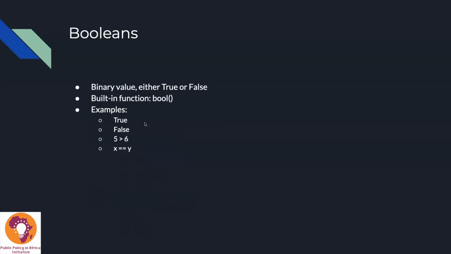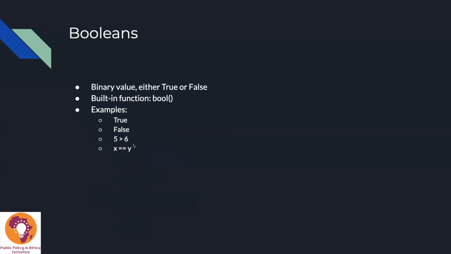Because it's one of the core data types in Python. The reason you might see that error is because you need to make sure that you use a capital T, the rest lowercase, or a capital F, the rest lowercase, when you create a Boolean value. So just keep that in mind.